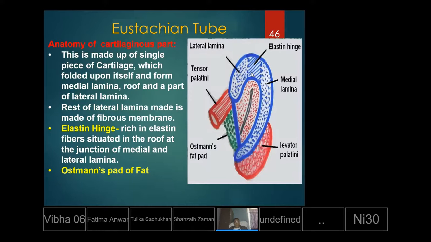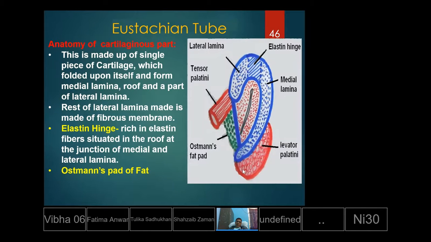Now the muscle tensor veli palatini, which is attached with its posterior fibers to the lateral lamina, is the main dilator of the Eustachian tube. The second muscle, levator veli palatini, which is attached with the floor and the medial lamina, perhaps helps the tensor palatini.